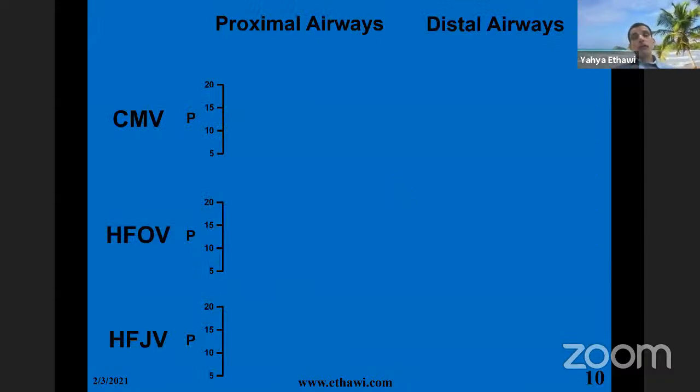So in conventional mechanical ventilation, the mean airway pressure is fixed and the maximum amplitude is fixed too. In high frequency oscillation, only the mean airway pressure is fixed while the amplitude is not.